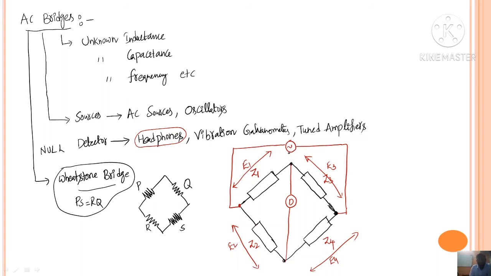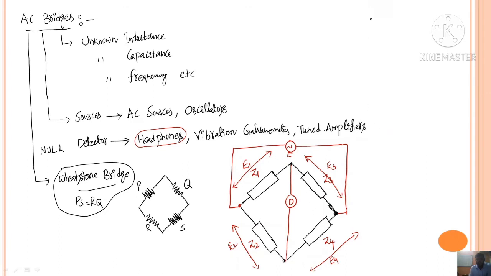Now E, which is the source voltage, if you apply KVL for this loop, you can understand that E is the vector sum or the phasor sum of E1 and E3, or E2 and E4.